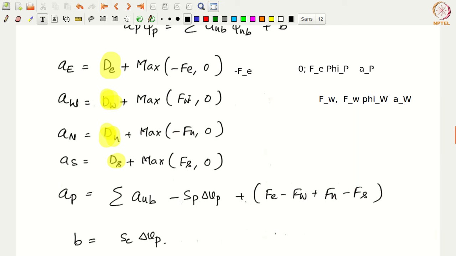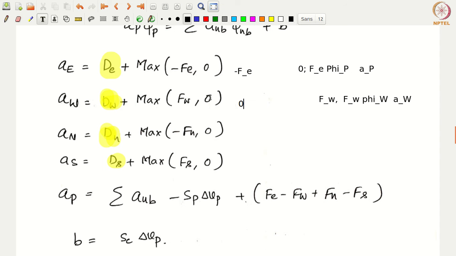FW is positive, max of this would be FW, and it would read FW phi W. So AW will have a contribution. But when that AW gets added here, this will be DW plus FW, but there is a minus FW. As a result, there is no contribution to AP. Now what if FW is negative? Then what will be returned by this max of FW comma 0?